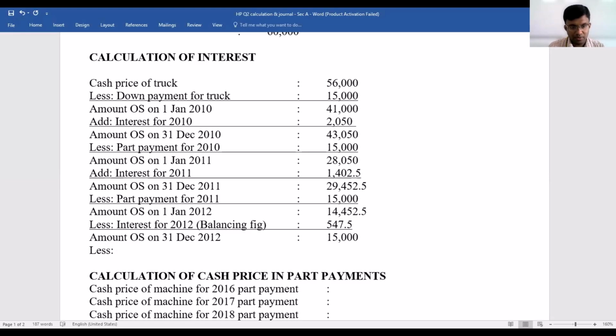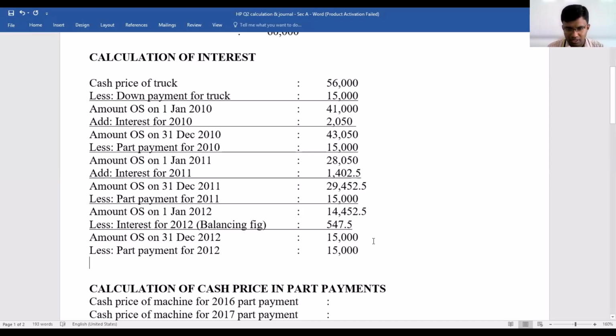And from this we will have to subtract the final part payment for 2012, and the final part payment for 2012 is 15,000. This works out to be 15,000, and then the amount outstanding works out to be 0. So with that, we have computed the calculation of interest for this question.